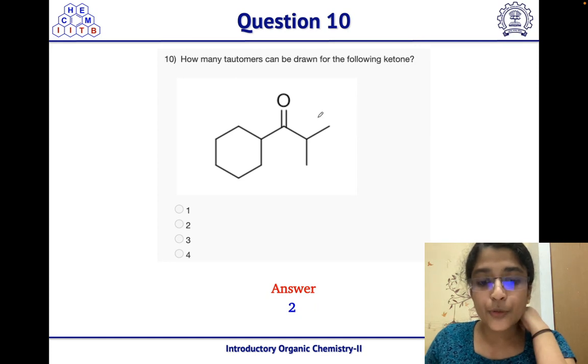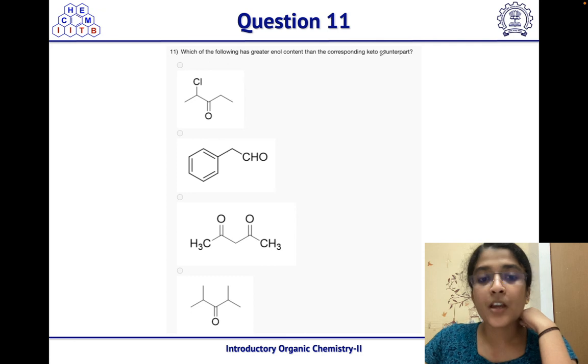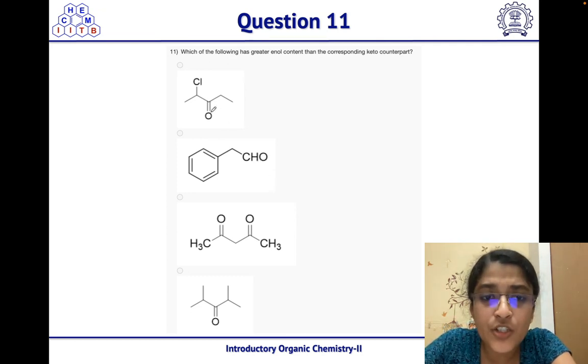Yes, ma'am. Okay. Now we will move to our last question. It is similar to the first three questions we have seen. Which of the following has greater enol content than the keto counterpart? Here they have given one ketone, here one aldehyde, here a diketone, and here one ketone with two isopropyl substitution.